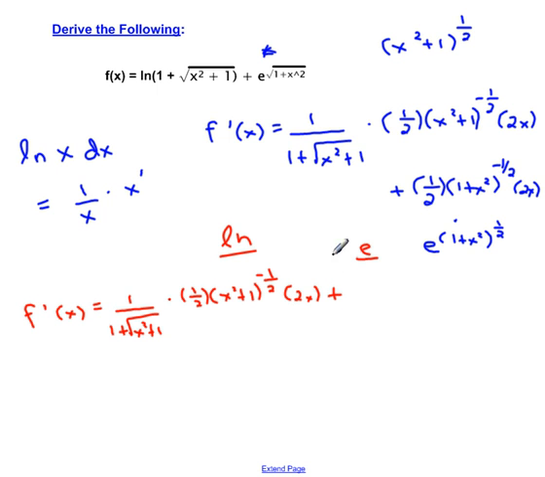So remember, derivative of e is the exponent, you bring it down, derive it, times the original expression. So how are we going to derive something that looks like 1 plus x squared to the 1/2?